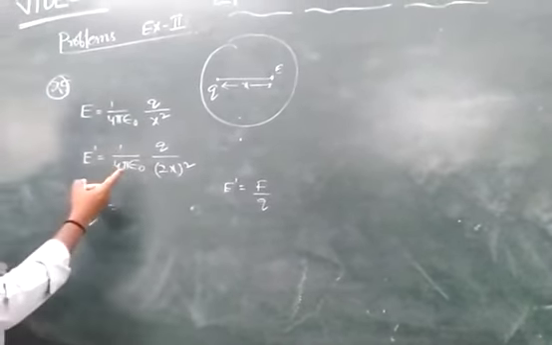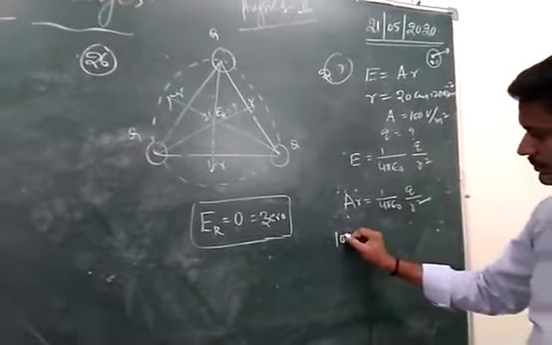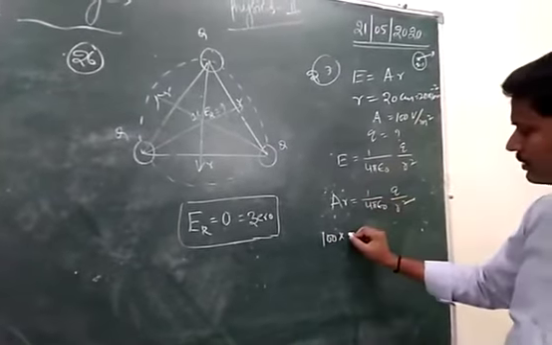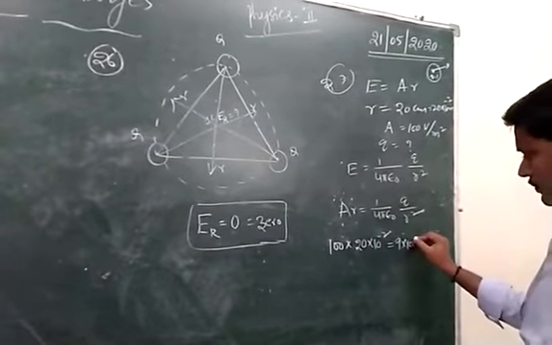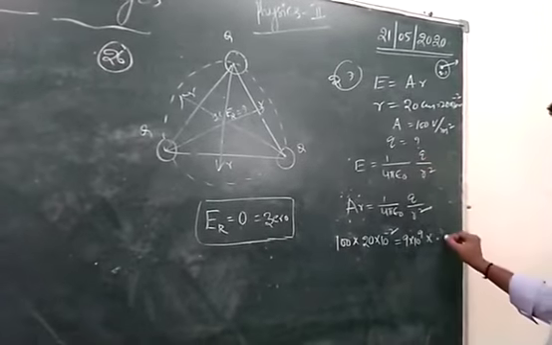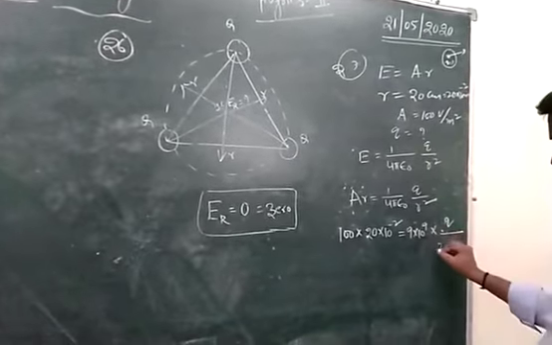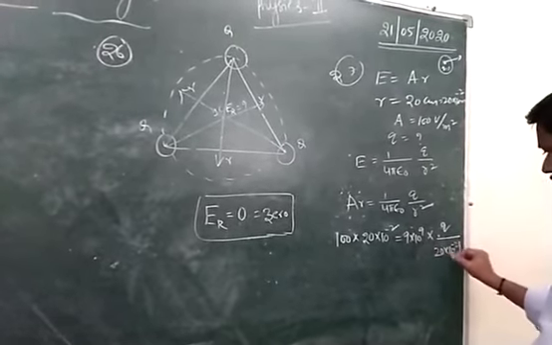Therefore, electric field intensity due to the sphere at this point is 1 by 4 pi epsilon naught into q by r square. E is nothing but A r, that is equal to 1 by 4 pi epsilon naught into q divided by r square. Here A is given 100 into r is 20 into 10 power of minus 2, that is equal to 9 into 10 power of 9 into q divided by (20 into 10 power of minus 2) whole square.